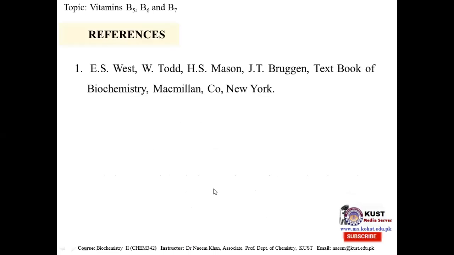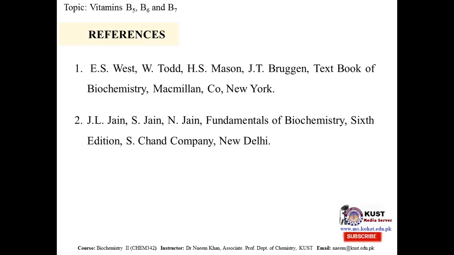Important references for today's lecture, dear students, are the same as in the last few lectures. These two books are recommended for detailed study: West and Todd, and GL Jain. They highlight all three B series vitamins, B5, B6, and B7, that we discussed today.